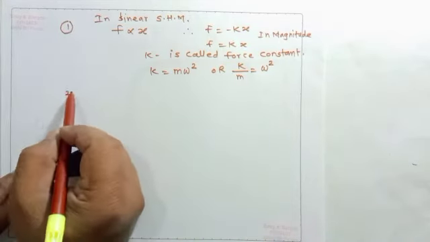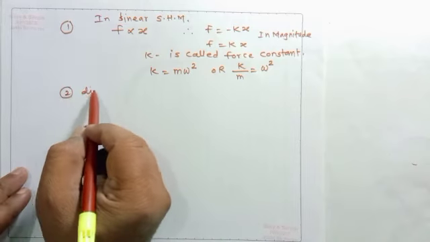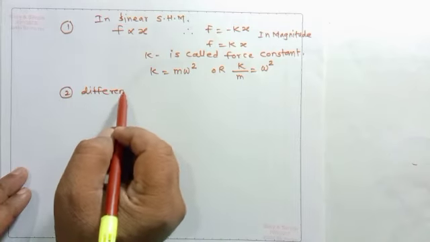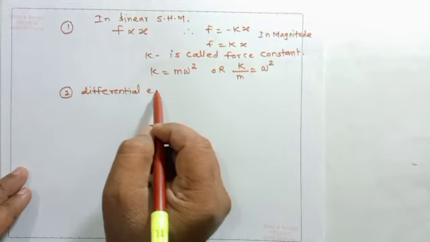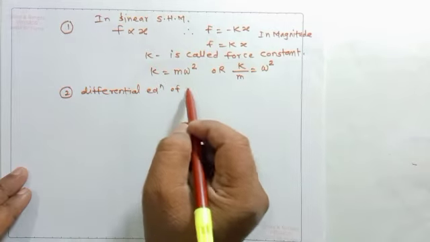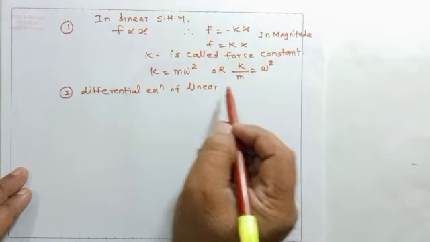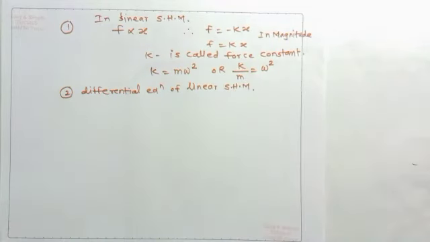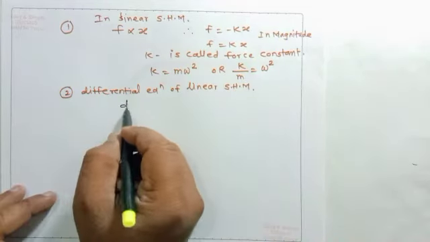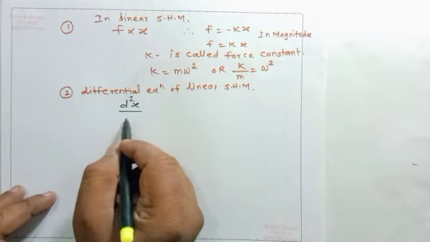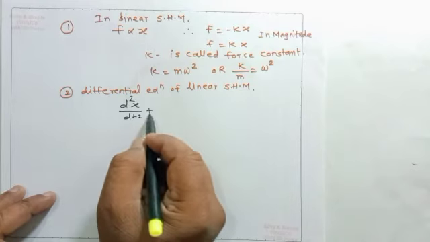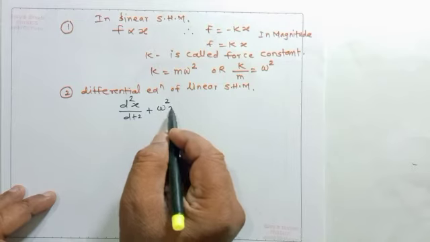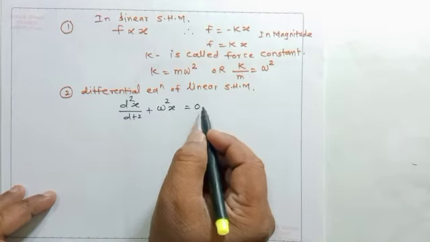The second formula is the differential equation of linear SHM. It will be d2x upon dt square plus omega square x is equal to 0.